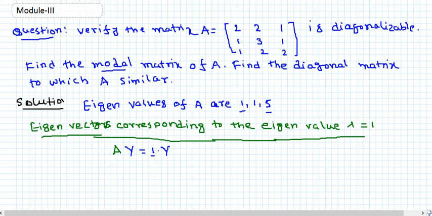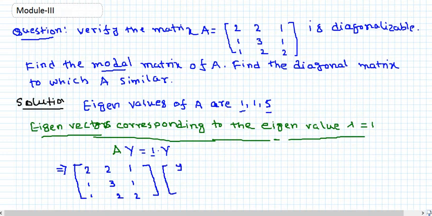I think I have a problem with space, so let me do it. So we have a matrix with rows 2 2 1, 1 3 1, and 1 2 2, and suppose the corresponding eigenvector is y1, y2, y3.